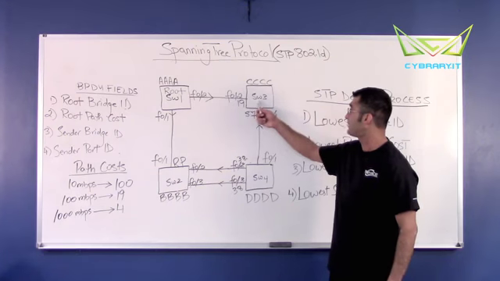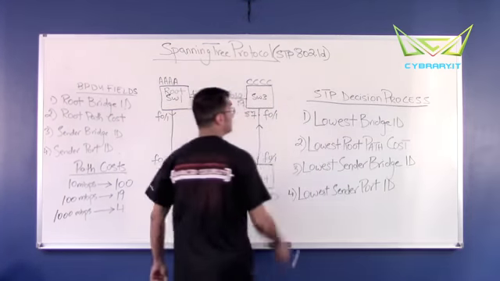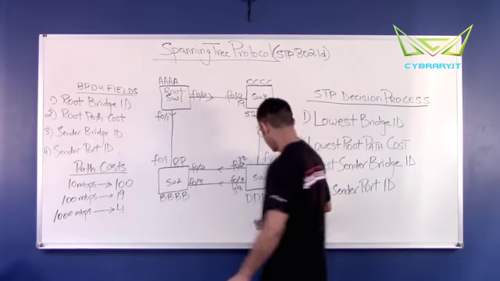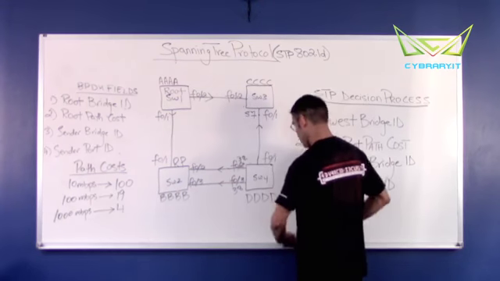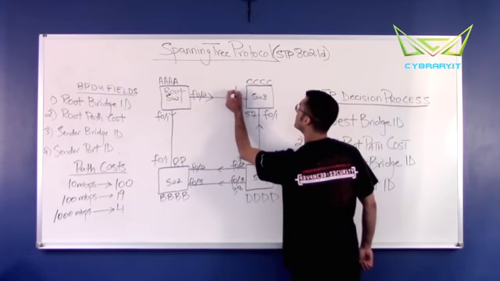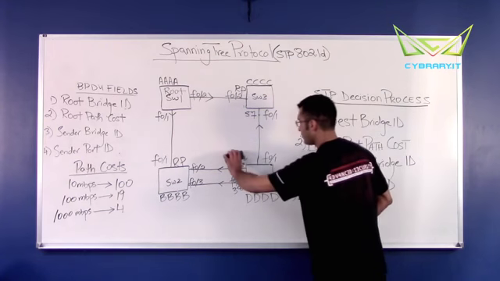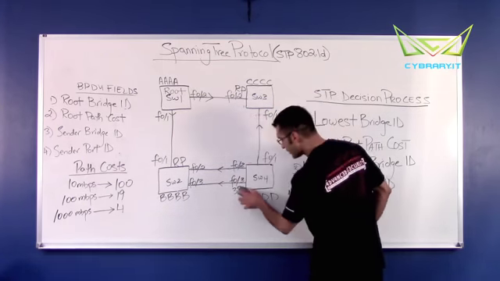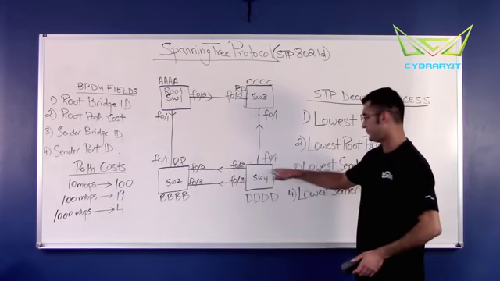Since switch 3's cost at F0/2 is lower, remember the decision process, the second step says lowest root path cost, switch 3 F0/2 becomes your root port. And once again, I am going to erase the cost, and then we are going to work through switch 4.